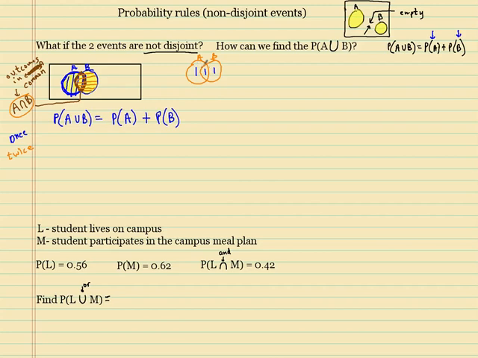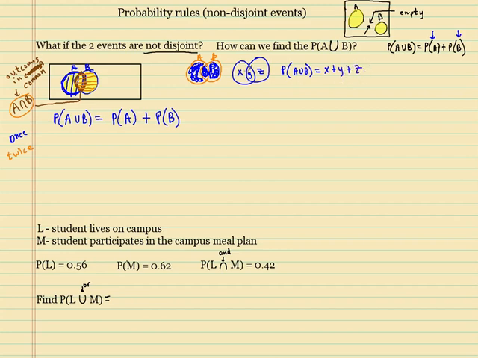So this whole thing needs to be shaded in once. If you know this, I'll call that x, and you know the middle section is y, and you know this is z, to find the probability of A or B, you would just add all three.